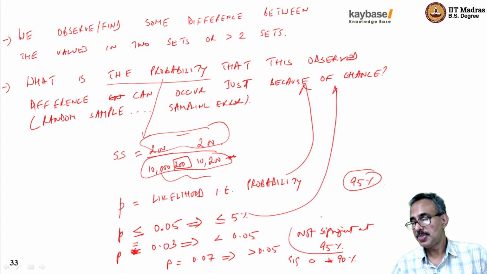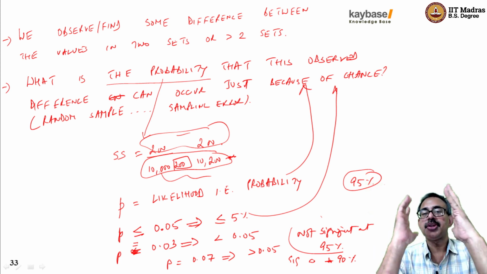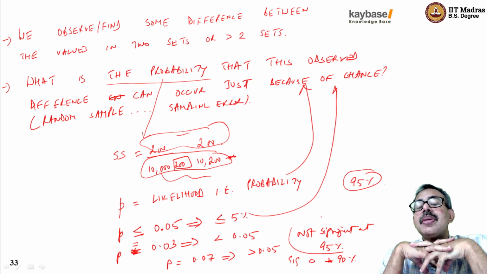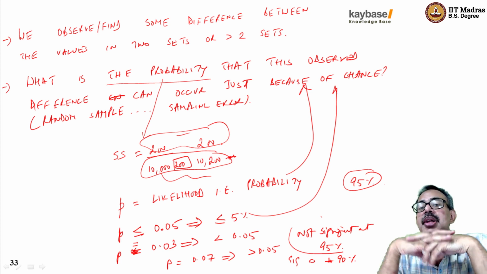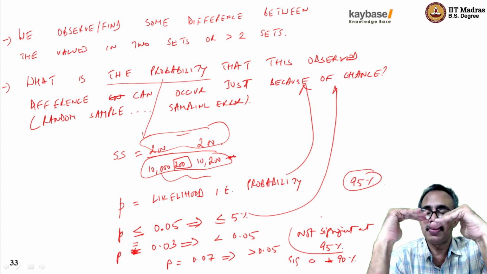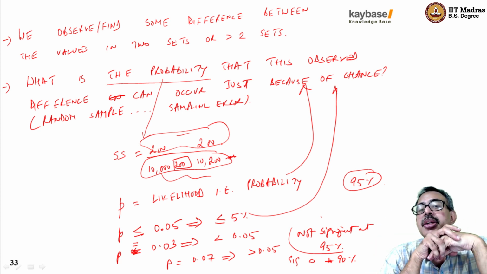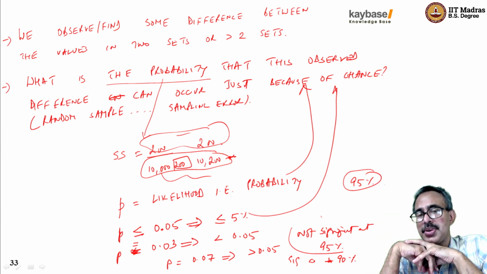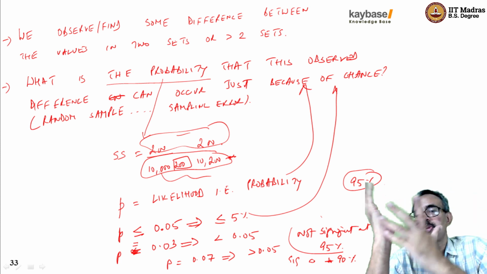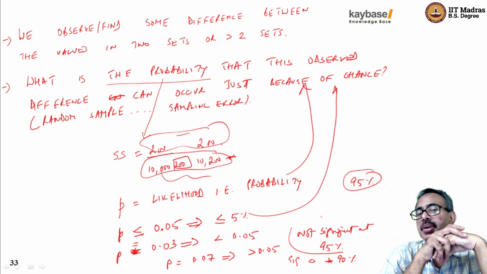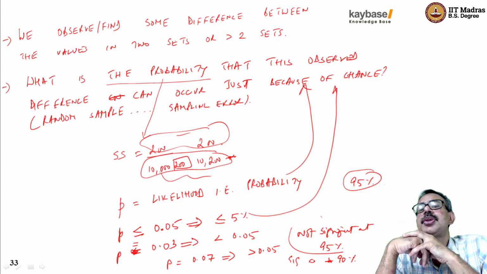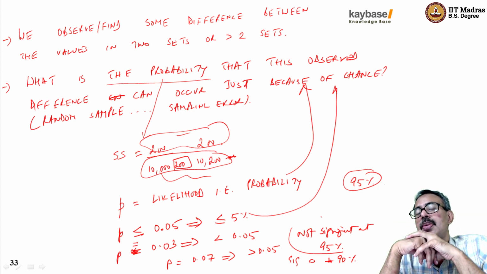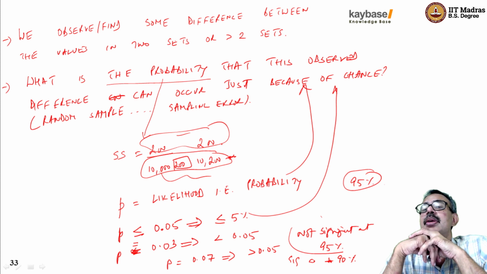Right? Let me repeat this. The significance test that we run calculates the probability that the difference we have observed can occur only due to chance, given the particular combination of sample size we have taken, etc. Given this combination of sample size, this observed difference, this level of variation in the data, the significance test will tell us what is the probability that it can occur only due to chance.